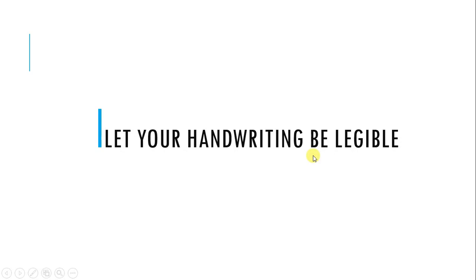Then the next one is let your handwriting be legible. Please, if you have bad handwriting, try to write one after the other, one by one. It's very boring and very difficult to get the meaning of what someone has written, assuming the person's handwriting is not clear.